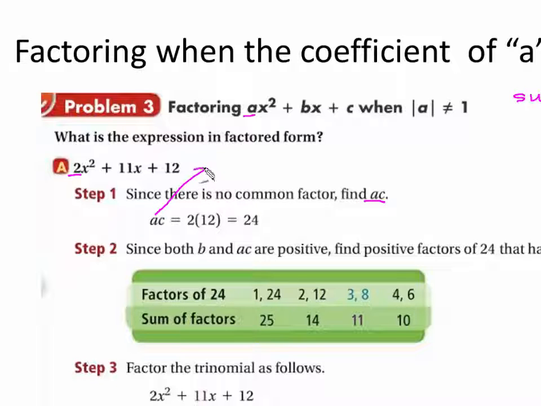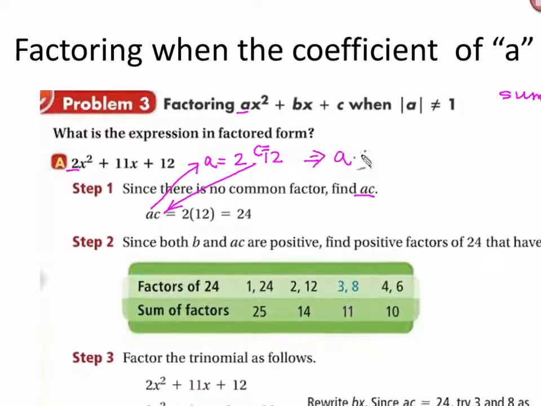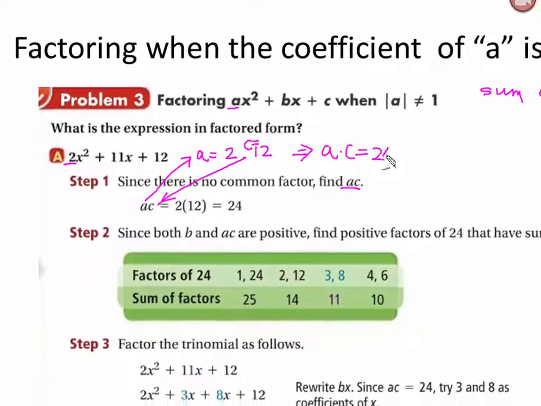The value of a here is 2, and the c value here is 12. So let me write down c equal to 12. So a times c, we got 24.